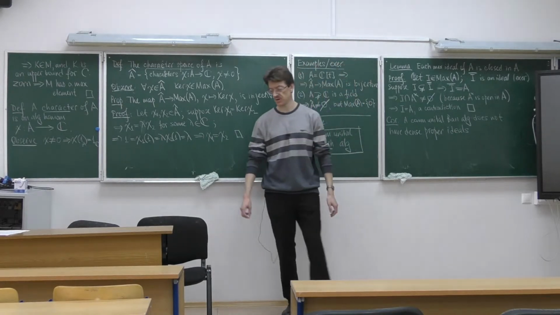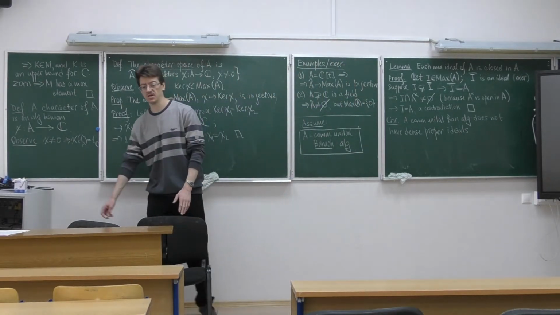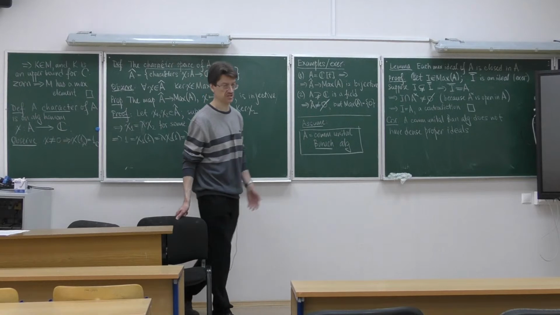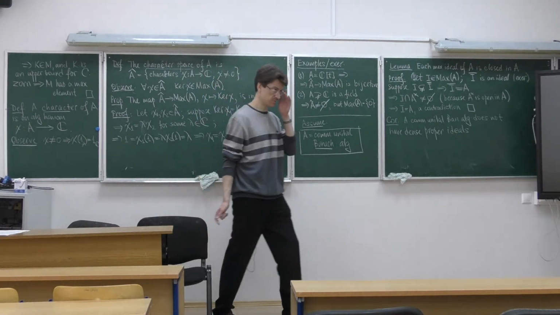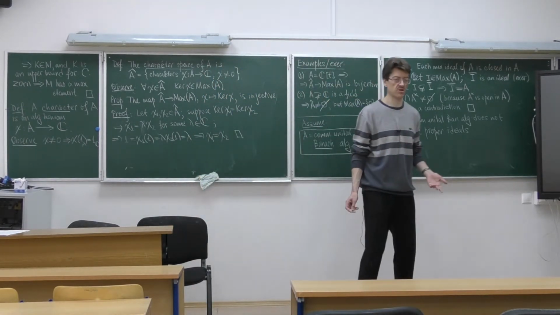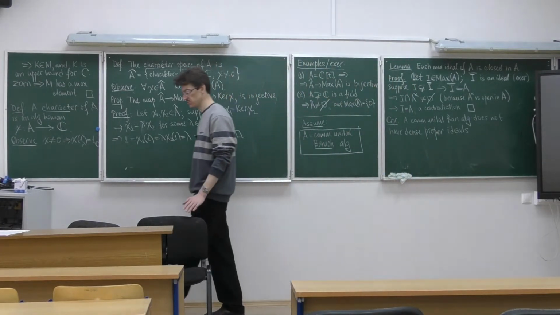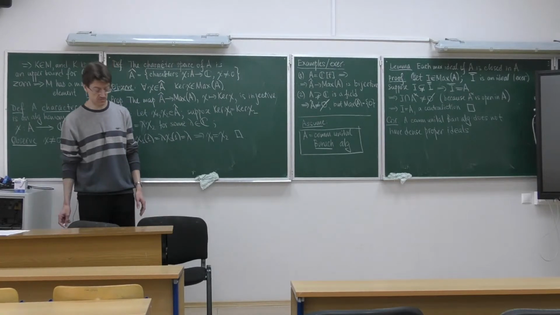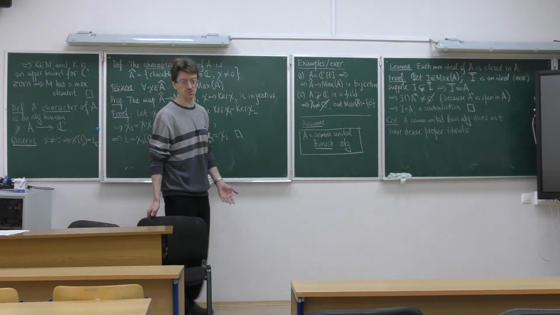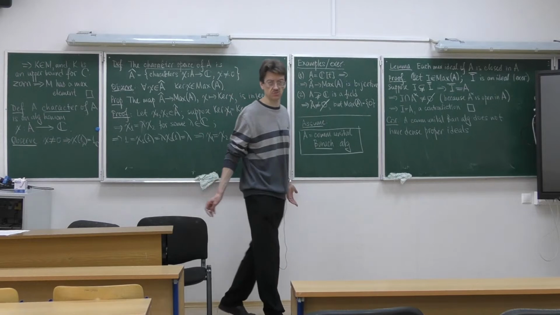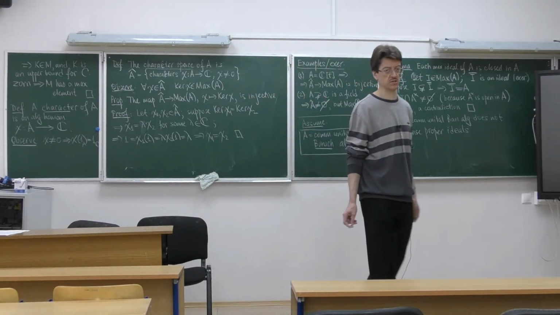This is maybe a little bit surprising, because if we consider just vector subspaces, then if A is infinite dimensional, we can always find many codimension 1 non-closed subspaces. Just take any discontinuous linear functional. There are many discontinuous linear functionals on any infinite dimensional normed space.